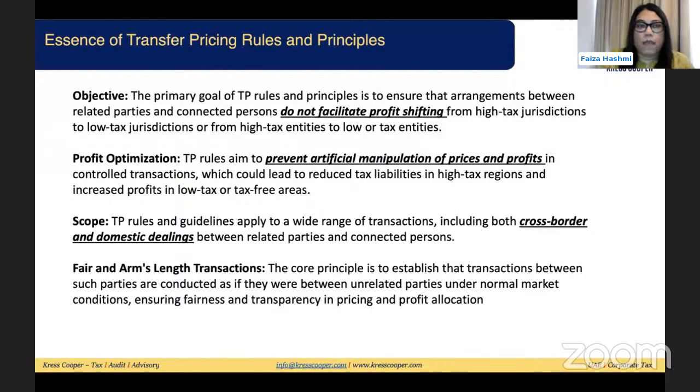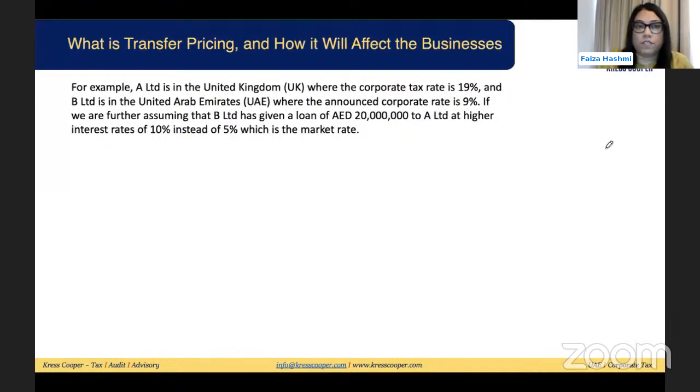So just to give you a little background, why do you think there needs to be transfer pricing rules? Transfer pricing rules have been existing in the other jurisdictions where there's corporate tax. And why is there a need for this?